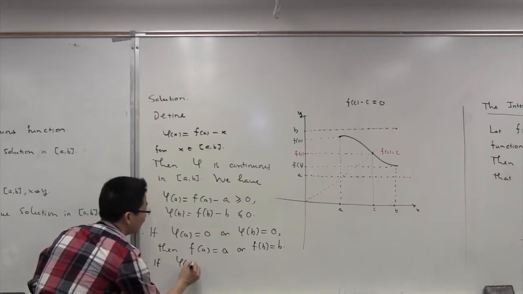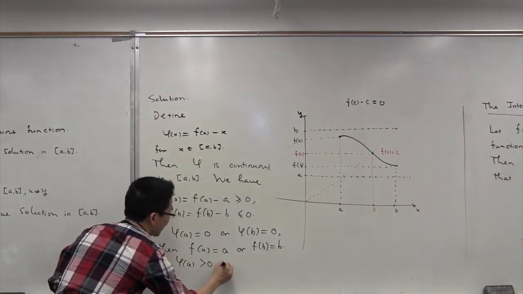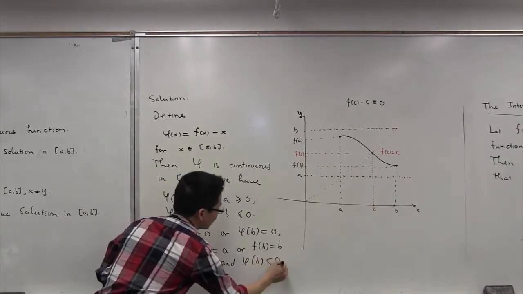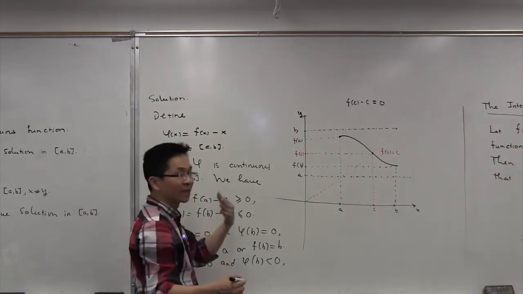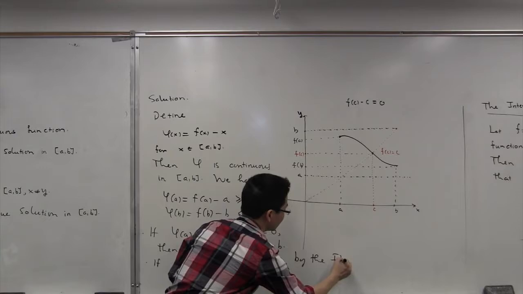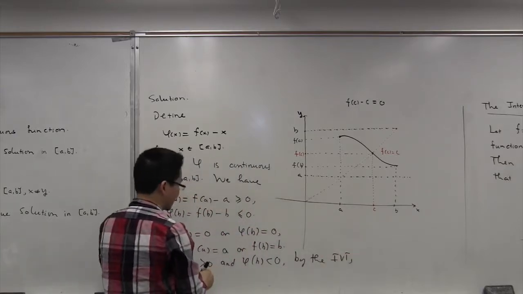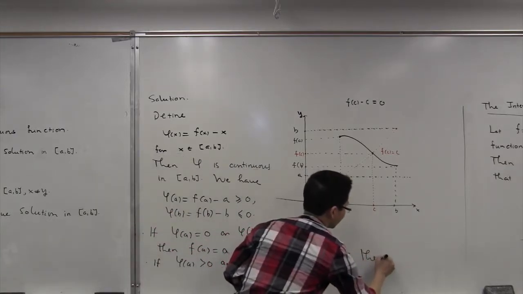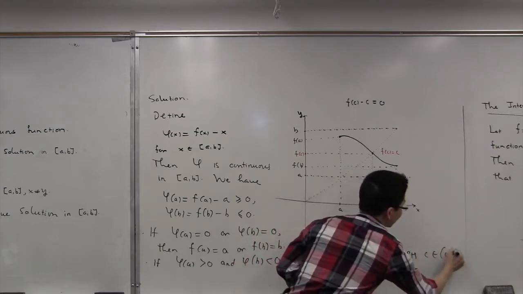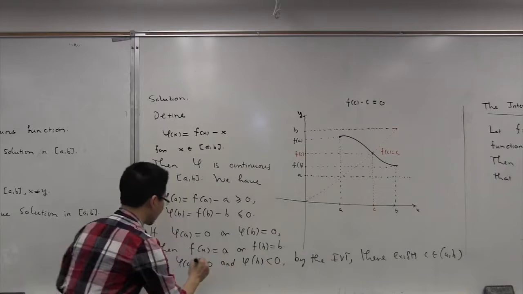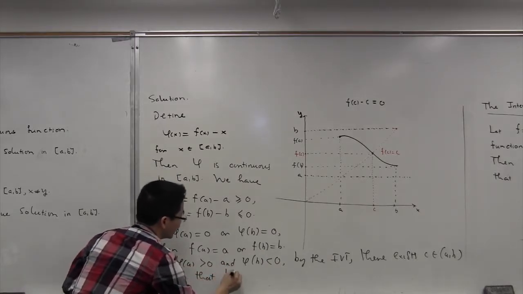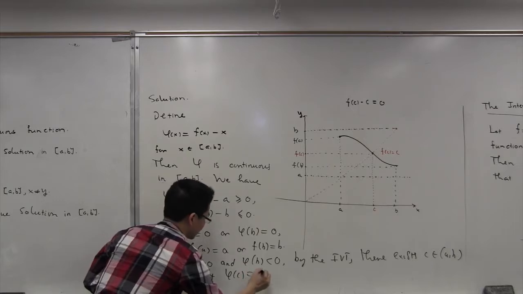Now, in the second case, if phi of A is greater than 0 and phi of B is less than 0, by the intermediate value theorem, there is C in the interval AB such that phi of C is equal to 0.